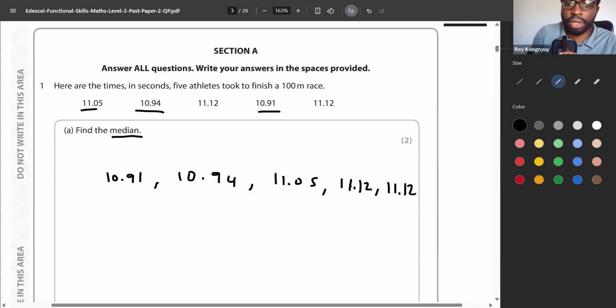This is our data ordered from smallest to largest. Next, we just cancel each of them off until we're left with just the middle term. So the median must be 11.05.